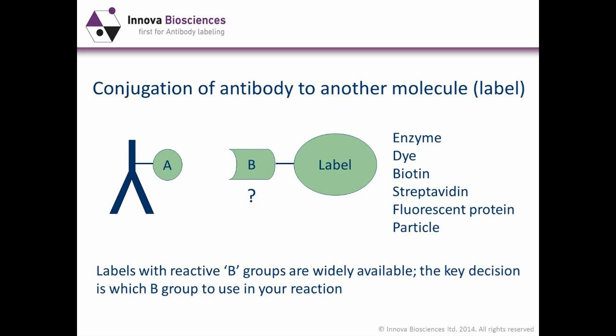So a key decision, really the key question for anyone wanting to make a conjugate is, which B group do you use in your reaction? And the choice of B is really quite important because it affects in a significant way how you treat your antibody and what modifications need to be made to the antibody.